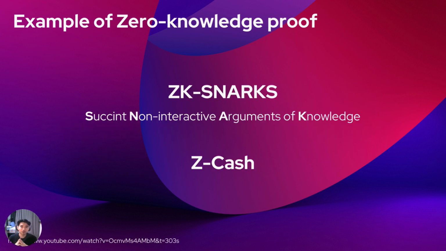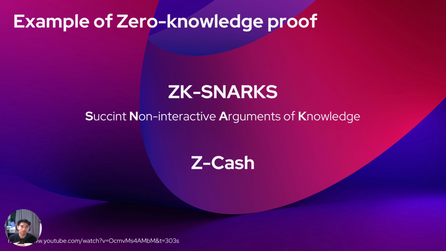In fact, you might have heard about zk-SNARKs, which are used by some cryptocurrencies to protect the privacy of their users. Traditional projects like Bitcoin make all transactions public, meaning everyone can see everyone's balance and how they spend their coins.